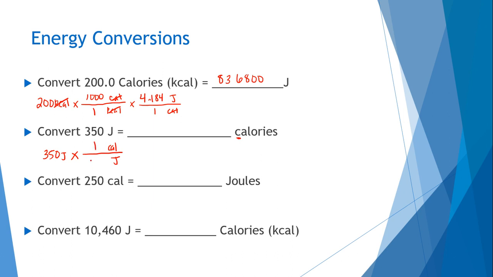So for every 1 calorie, there are 4.184 joules. We can cancel that out because we want lowercase calories, and you get 83.652000765. I want 2 sig figs because this 0 at the end does not count. There's not a decimal. So I get about 84 little calories.